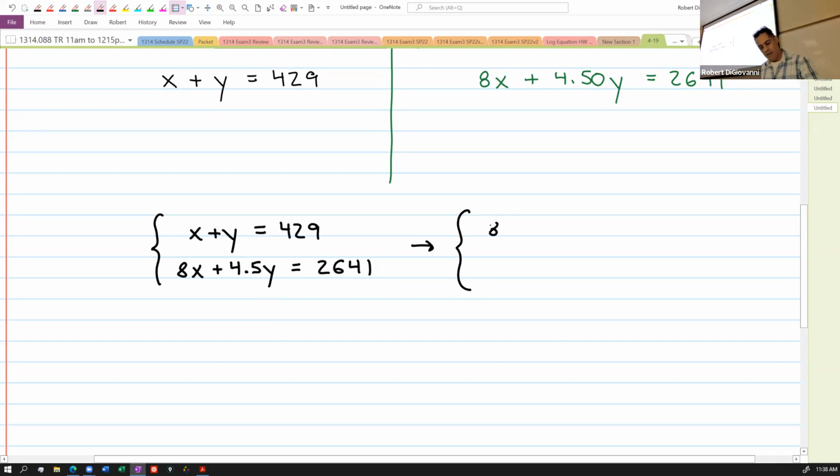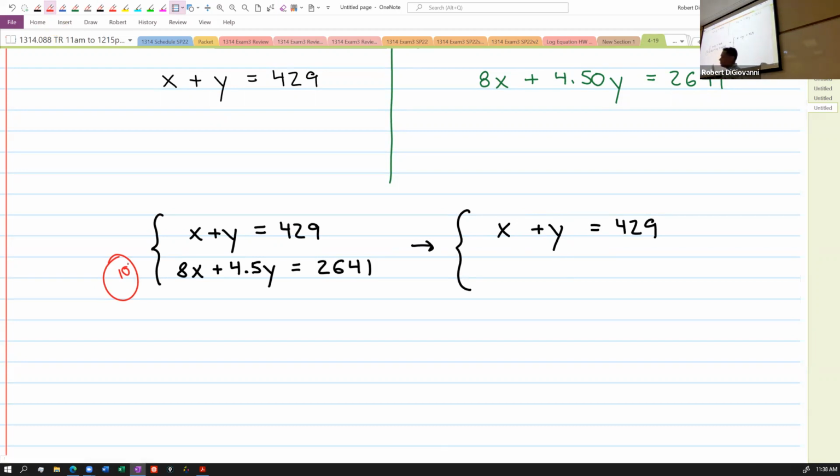So X plus Y equals 429. Essentially what we're doing is multiplying by 10. That has the effect of moving the decimal point over 1. So I'm going 10 here, 10 here, 10 here.